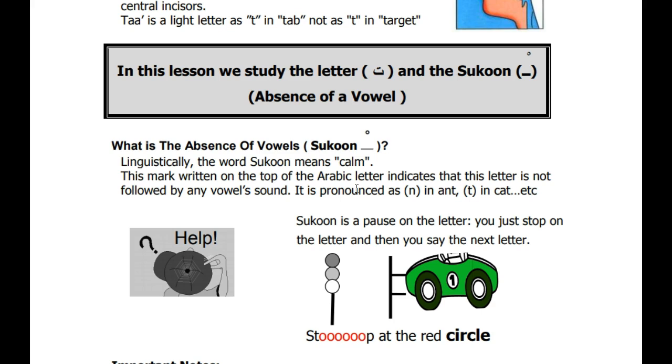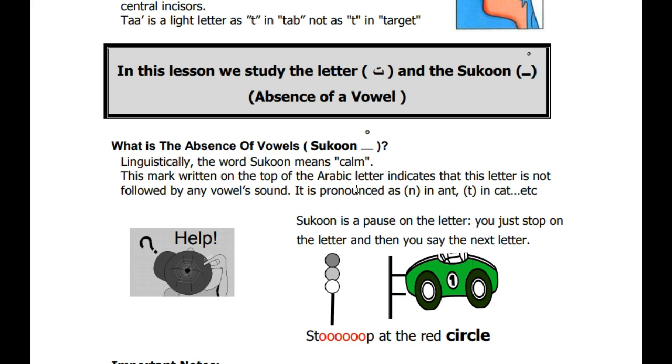In order to make the sound of that letter, you're supported by the letters that you said before it. For example, you say car. You are supporting yourself on ka and then you say r, car. But if you don't have any support, then it's difficult in Arabic to say a letter with sukun.